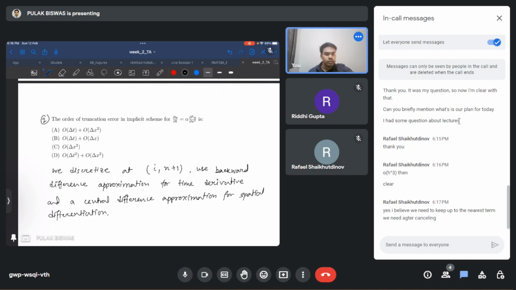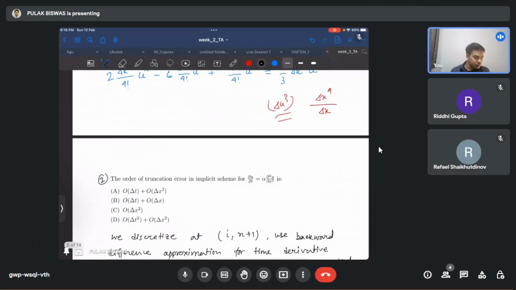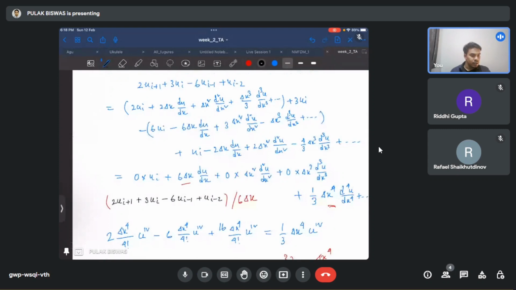Yeah, after cancelling whatever term is left, here you see the third term is getting cancelled, it vanishes because of this 0 coming at the top.